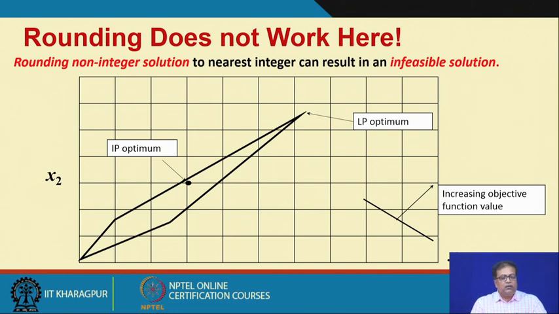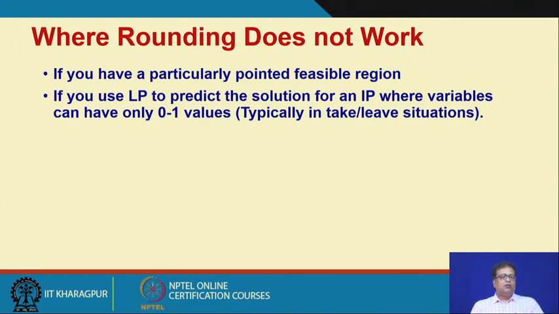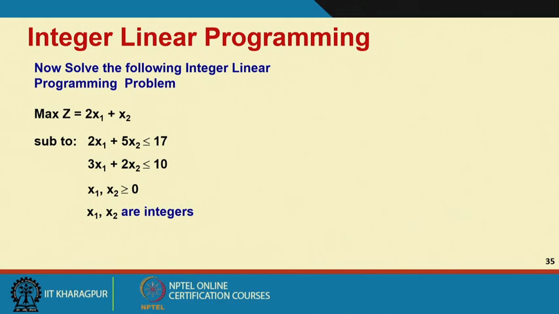If you have a particularly pointed feasible region, if you use LP to predict the solution for an IP where variables can have only 0, 1 value, typically in take-leave situations, you cannot really use rounding off. So, it is not that you really can use rounding off in every situation, you have to use your discretion and see what can work where, is all right.